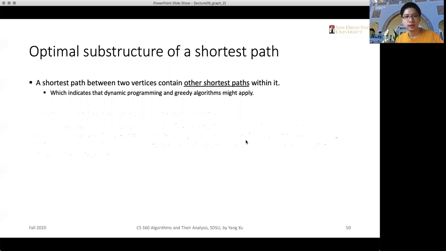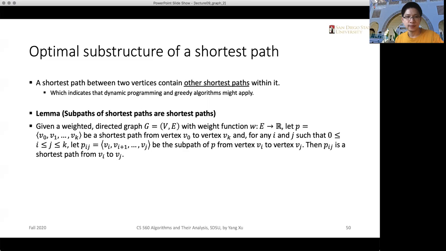All right, so let's look at this lemma, which is: subpaths of shortest paths are shortest paths.